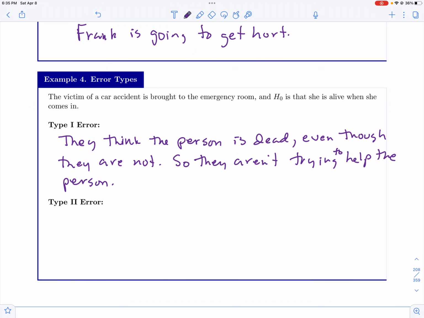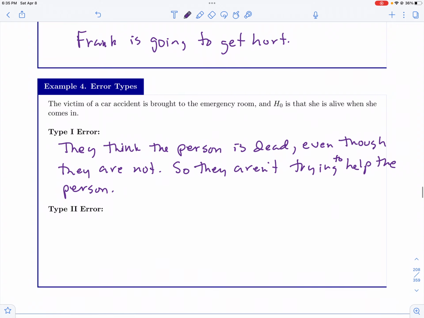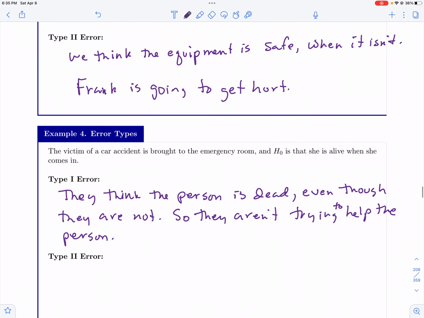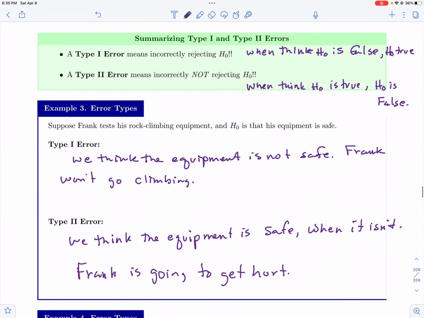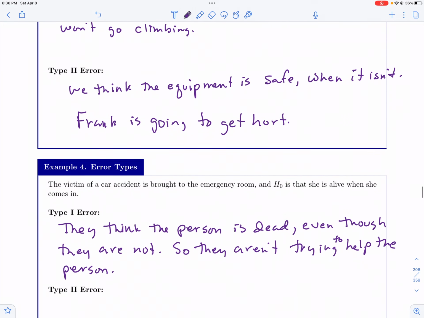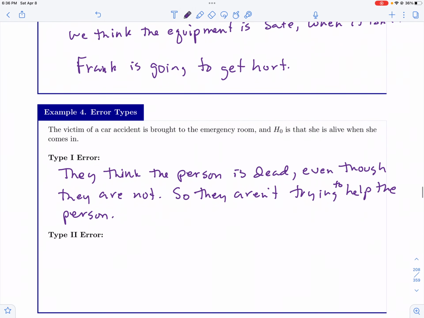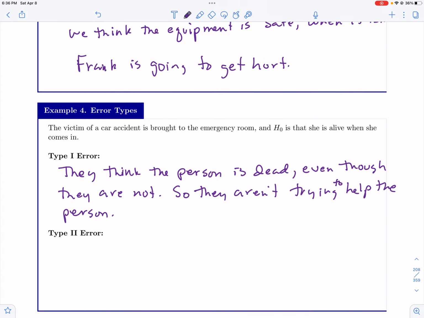So for a type 2 error, in this case, they think the person is alive when in reality they actually are dead.